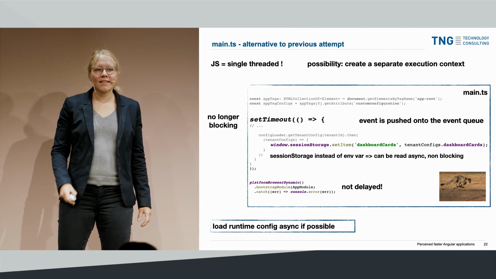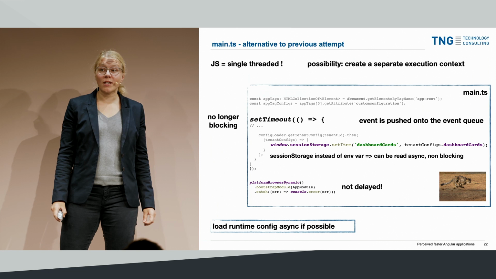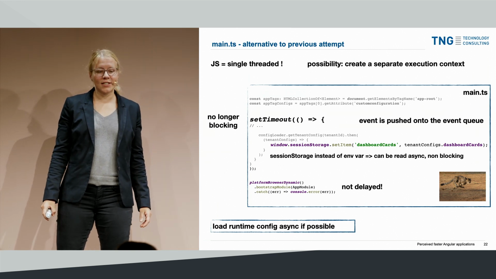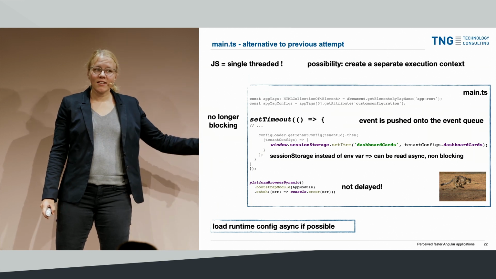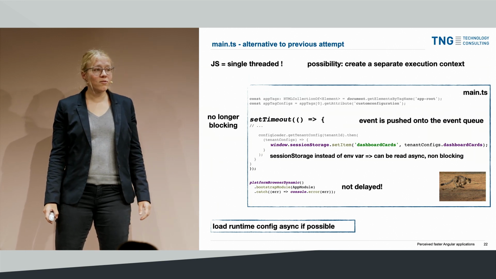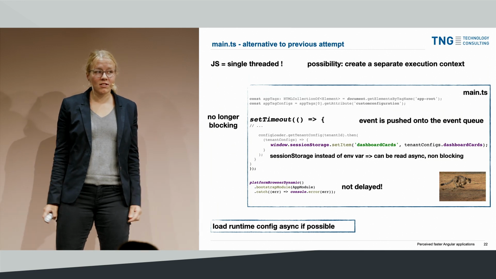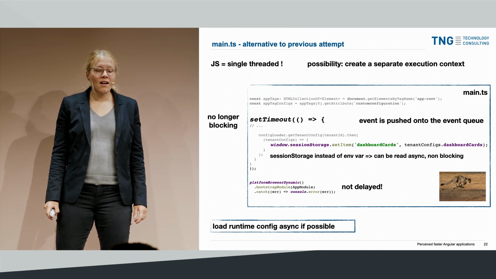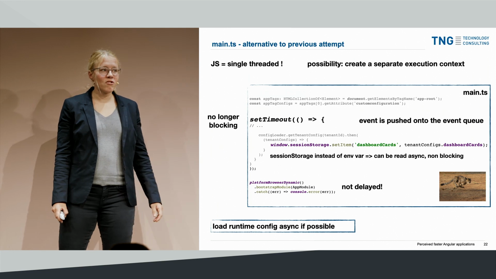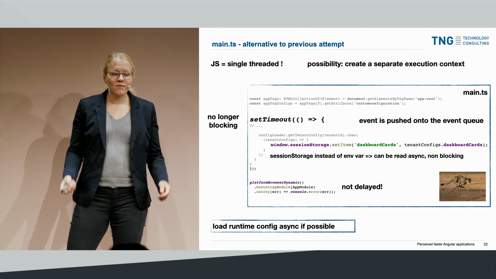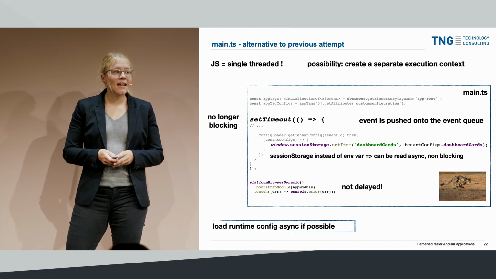And our code at the bottom of the file, which is bootstrapping our application, still continues to be executed. And maybe if the content we want to load from this global configuration is not critical for the first screen rendering or so, we can place it in some session storage or so to read it later from our application. And we do not need to delay the bootstrapping.